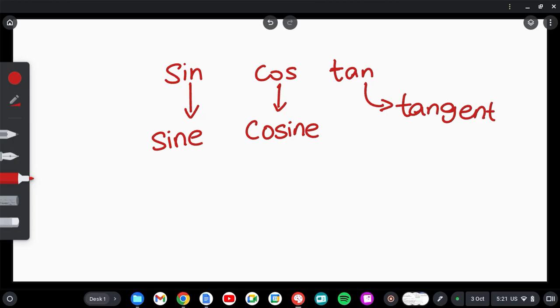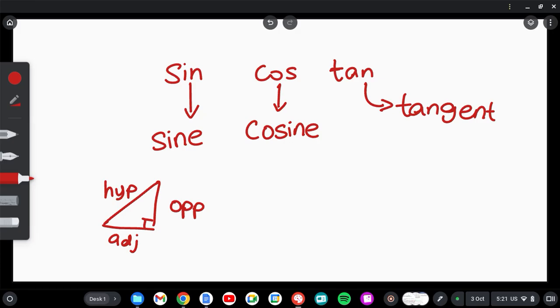Alright, and you need to know your basics well. So for sine, this is a triangle. This is known as adjacent, opposite, hypotenuse. I think your teacher has taught you this well. I'm just reteaching the topic. Adjacent, opposite, hypotenuse.